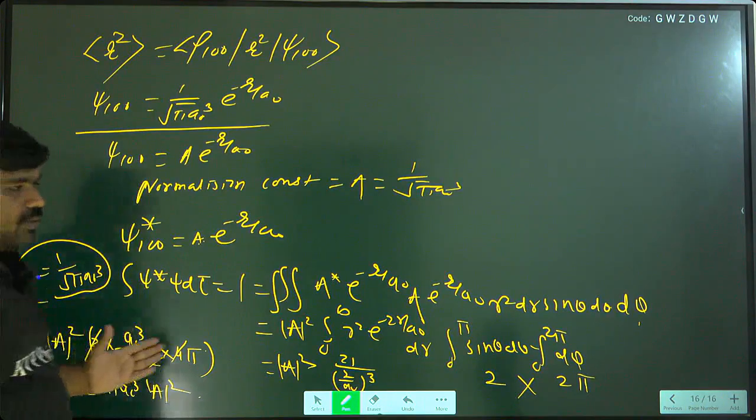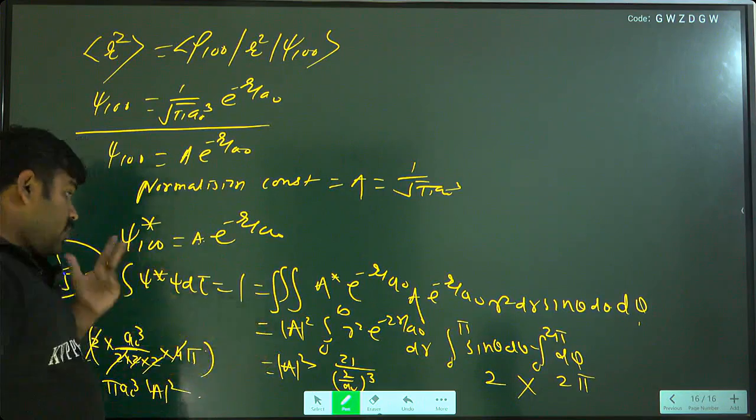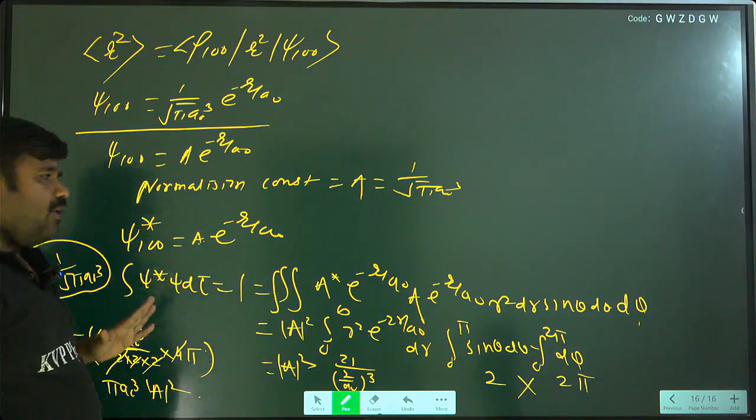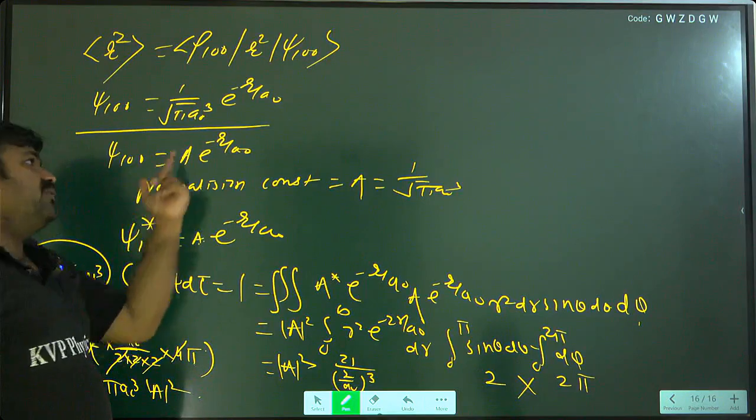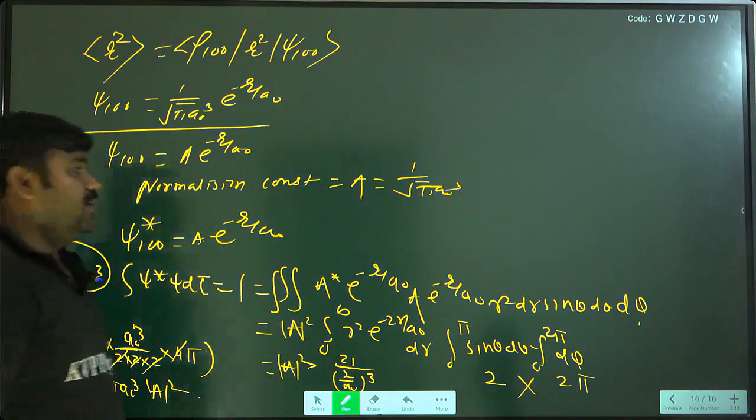We have just compared and found out the value of a, and this value will be the same, meaning the given function is normalized.